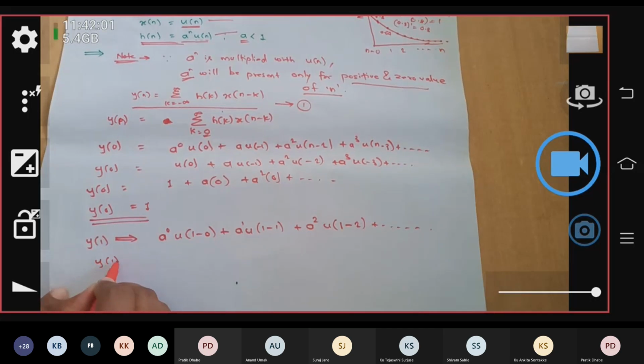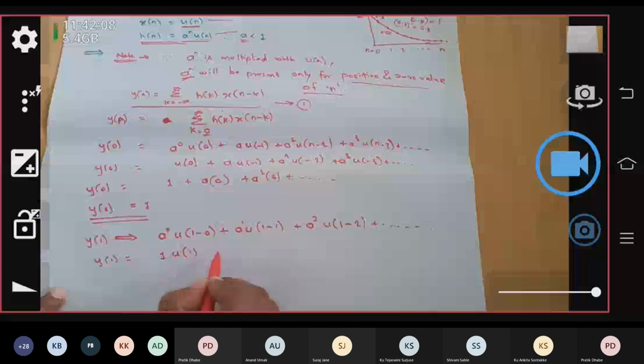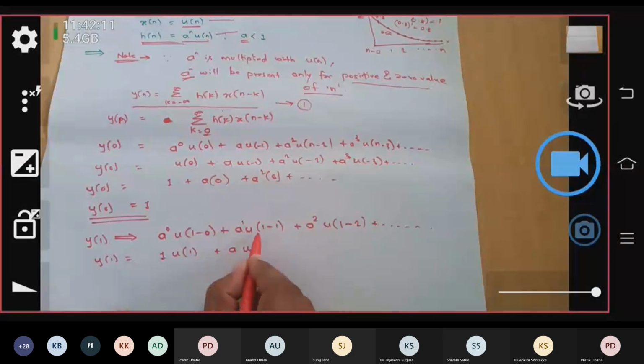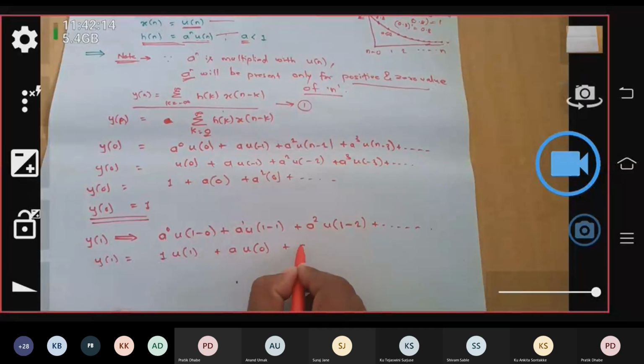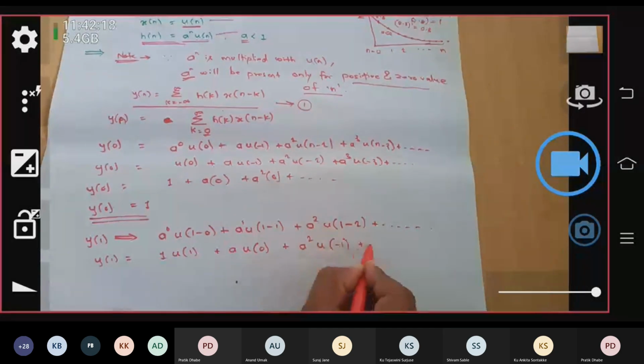Okay, so what you will get? y of 1 is equal to a raised to 0, which is 1, so this is 1 into u of 1 minus 0, which is u of 1, plus a raised to 1 is a, u of 1 minus 1 is u of 0, plus a square u of 1 minus 2 is u of minus 1, and so on.